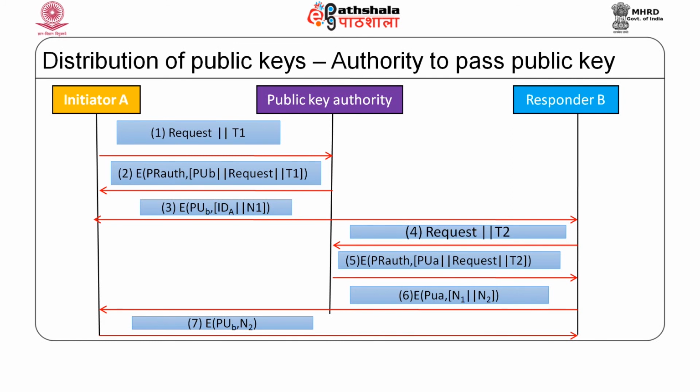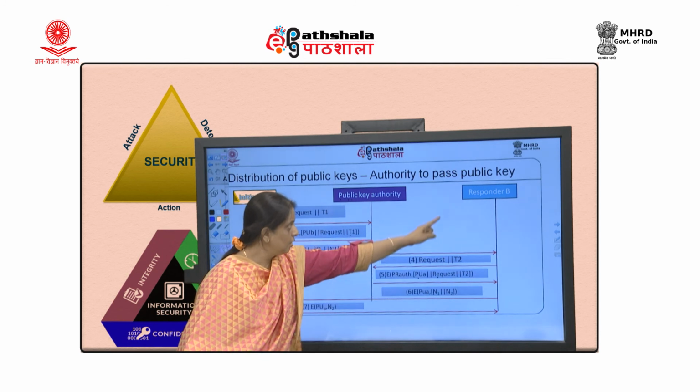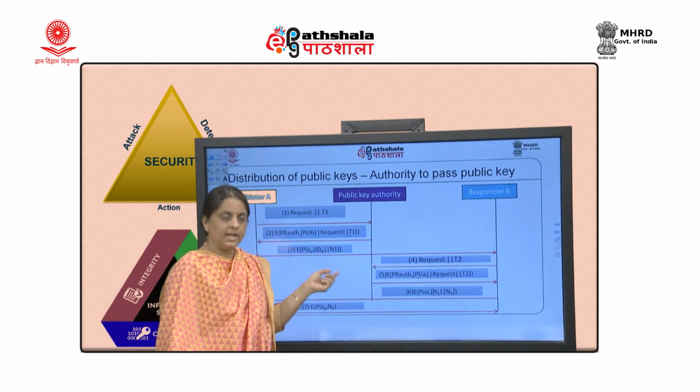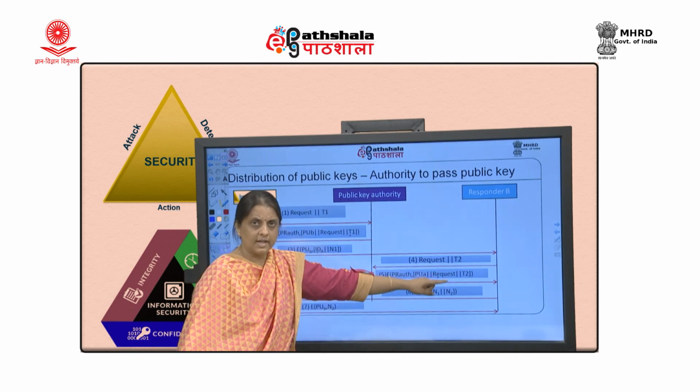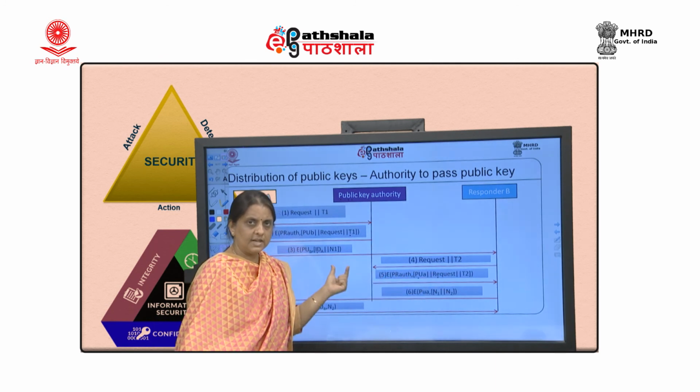A would do what? It would use the public key of B and send back the N2 to B. This is called handshaking. N1 was sent by A, B verified the N1, B sent back N1 and N2.